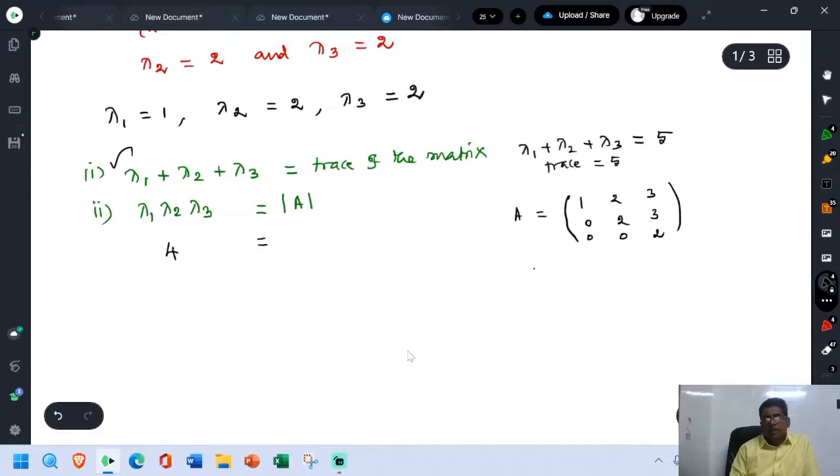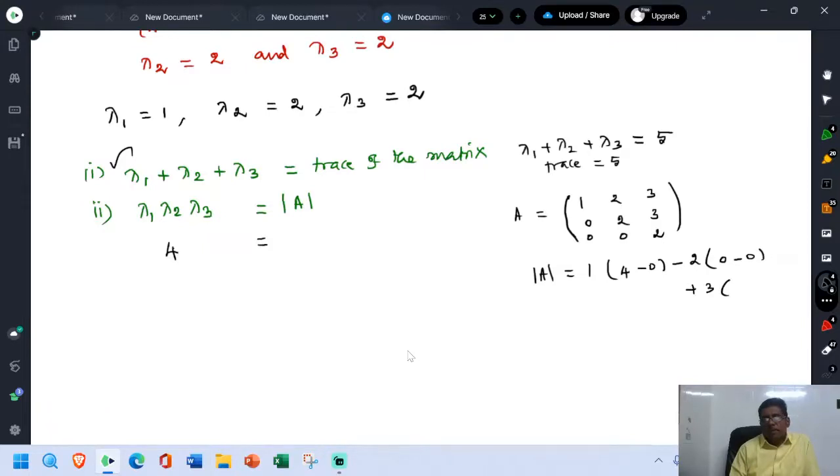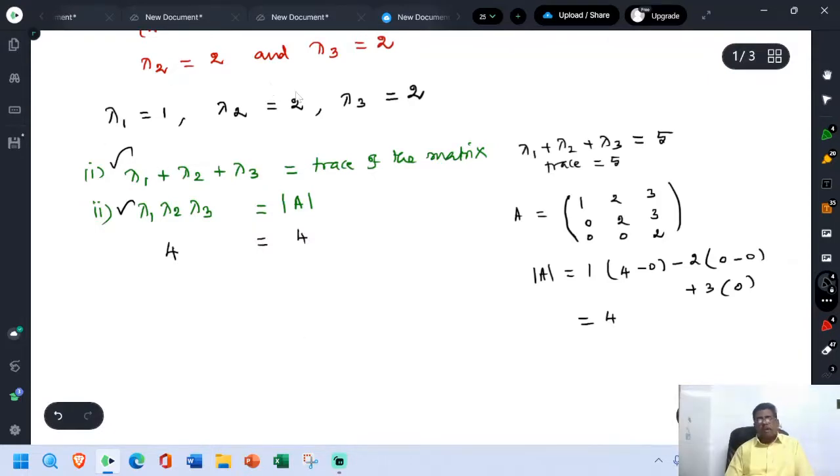Taking the determinant, that is 1 into 2 into 2, which is 4, minus 2 into 0 minus 0, plus 3 into 0 into 0, 0 minus 0, which is equal to 4. So this is also 4. So the second condition is also satisfied. Therefore, the observed eigenvalues are correct.